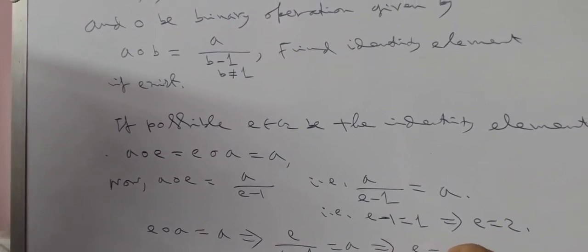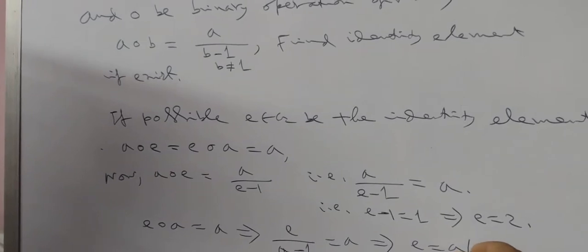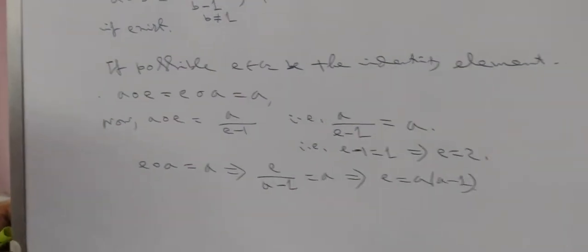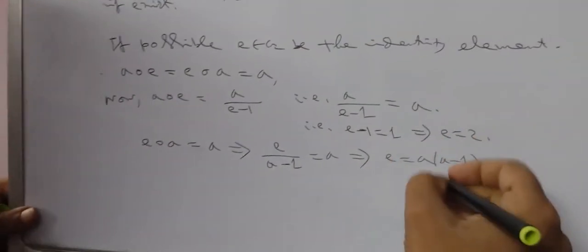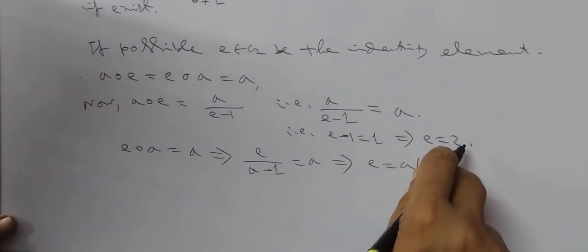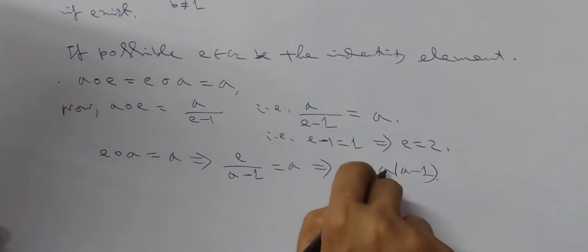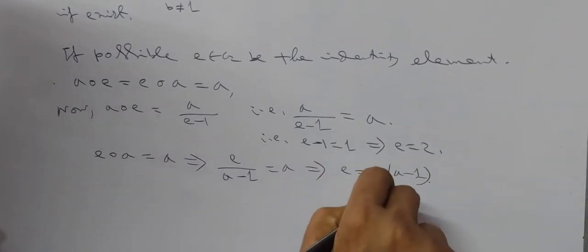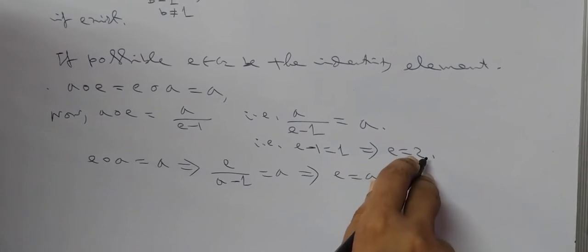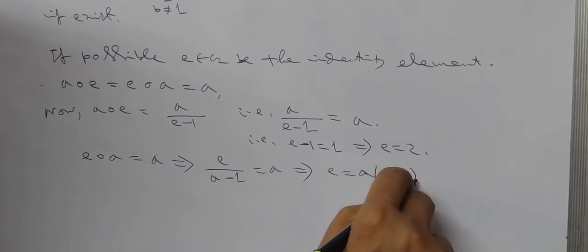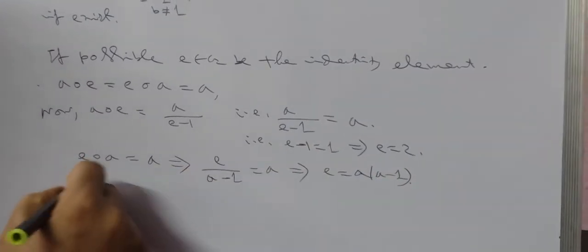So E is equal to A into A minus 1, and this is a conditional dependence, and it is clear from the result that both are not the same. We don't find a fixed result for E, that is, E depends on A.